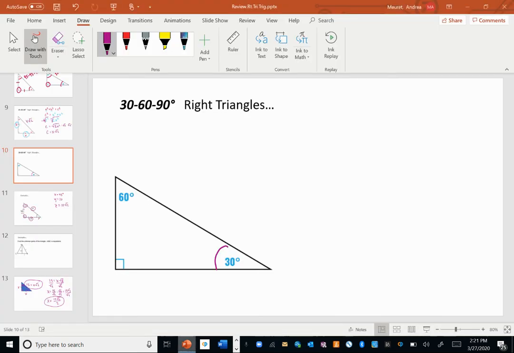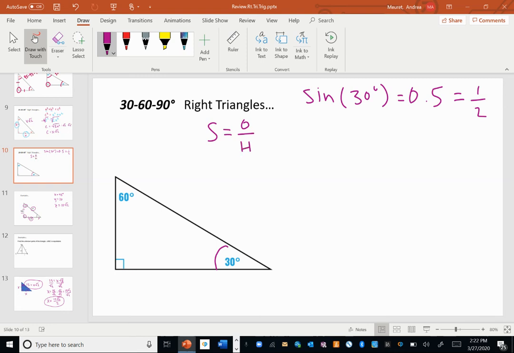How is that going to be helpful? If I know that the sine of 30 degrees is equal to 0.5, well, I want to think about that 0.5 as a fraction. So 0.5 as a fraction is equal to 1/2. And so thinking back to the trig ratios, remember that sine is equal to the opposite leg over the hypotenuse.